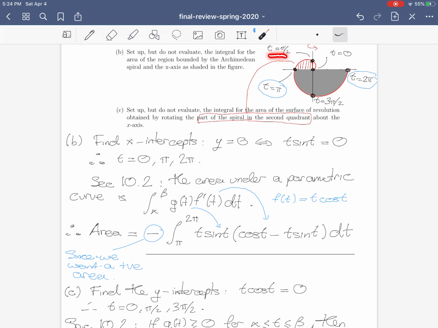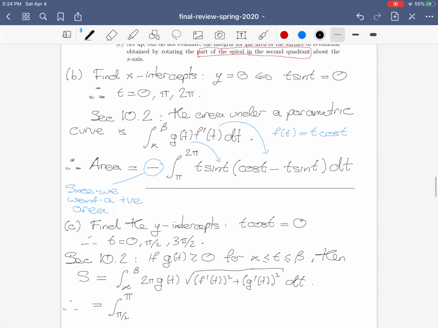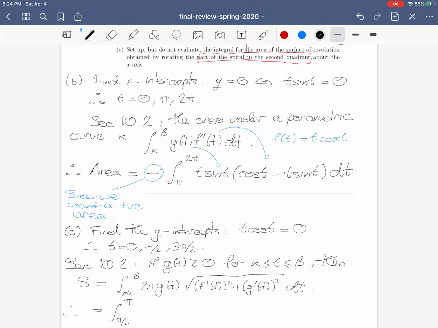So we start at pi by 2 and we end at t equals pi. So we have the integral from pi by 2 to pi of 2 pi g of t. So that's 2 pi t sine t times the square root of f prime squared plus g prime squared.